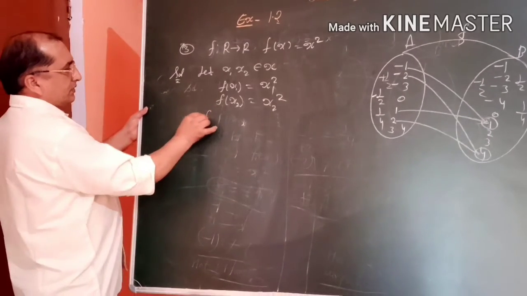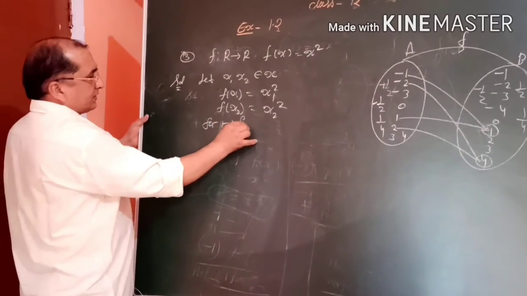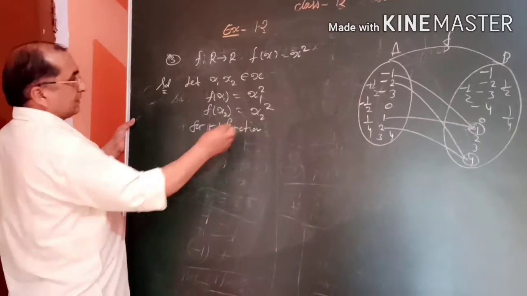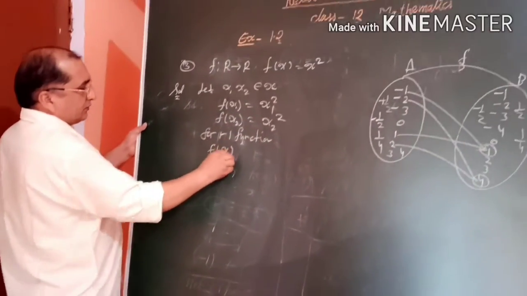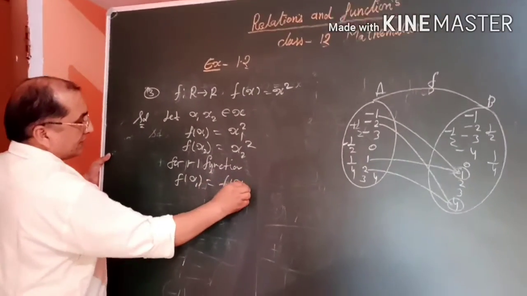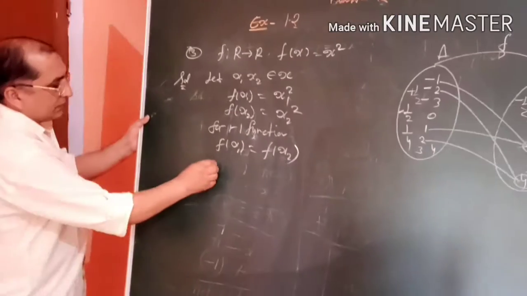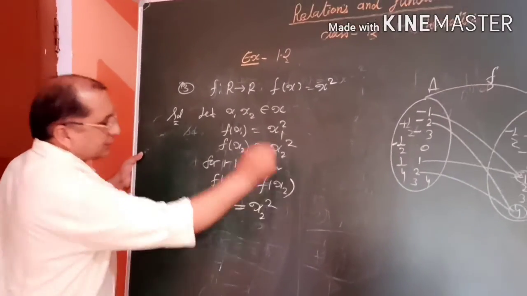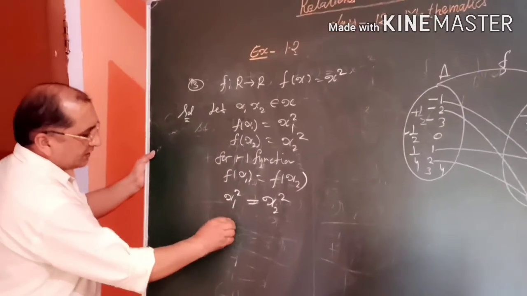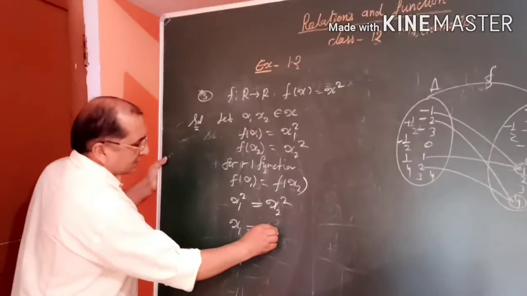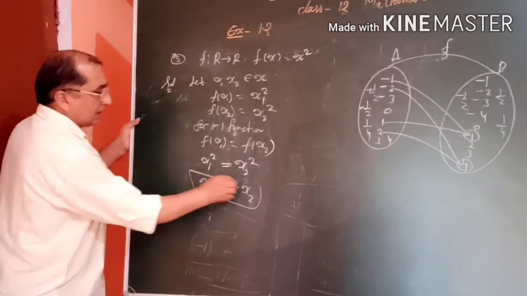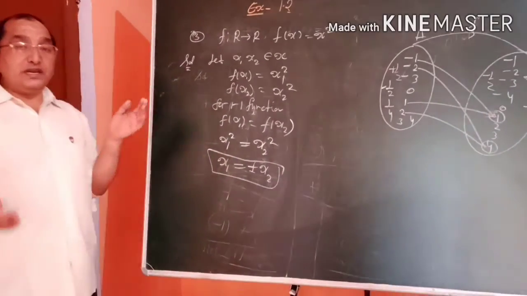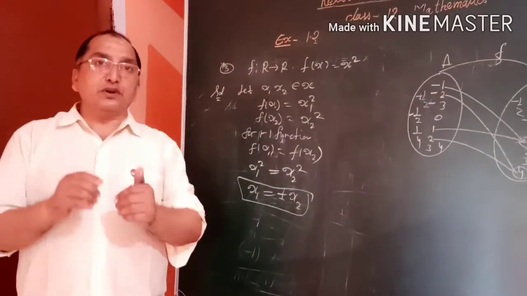Now for one-one function, f of x1 equal to f of x2, that means x1 square equal to x2 square. By solving this, x1 equals plus or minus x2, but we need x1 equal to x2.